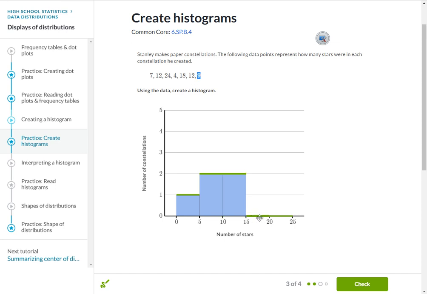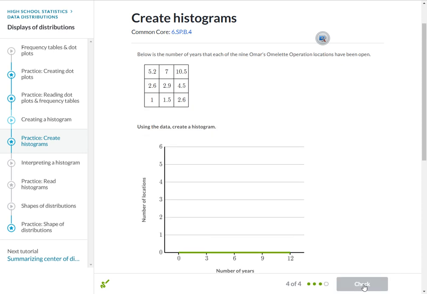Between 15 and 20, there is just 18, so that's 1. Between 20 and 25, there's only 1, which is 24. And altogether, when you add them up, they should add up to 7 pieces of data. 1, 3, 5, 6, 7, so I'm good to go.